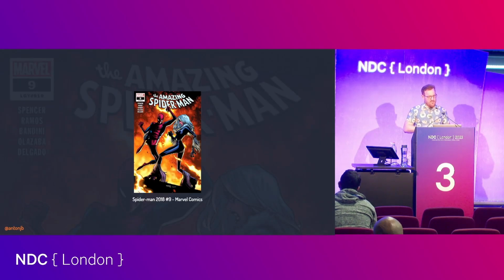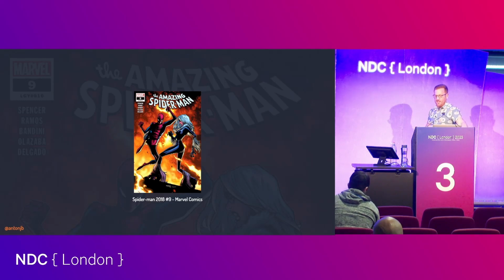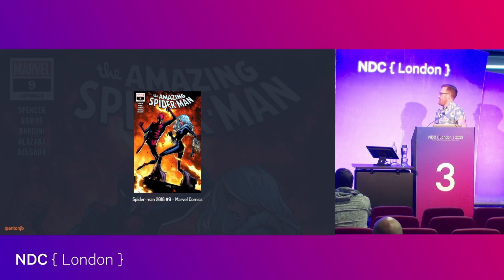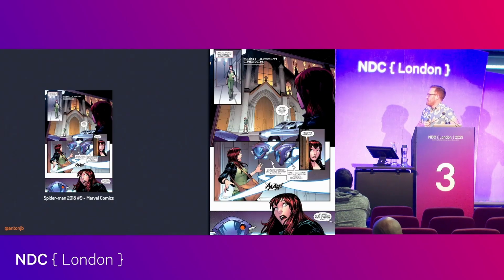So it's the next evolution during the modern age of comics where layout gets a little more creative and a little more interesting. We're going to dive back into Spider-Man here just because I like it. It's one of my favourites, and I was like, this is fun, I'll just use things that I enjoy. We started to see a new trend in this age of comics, which was overlapping panels.